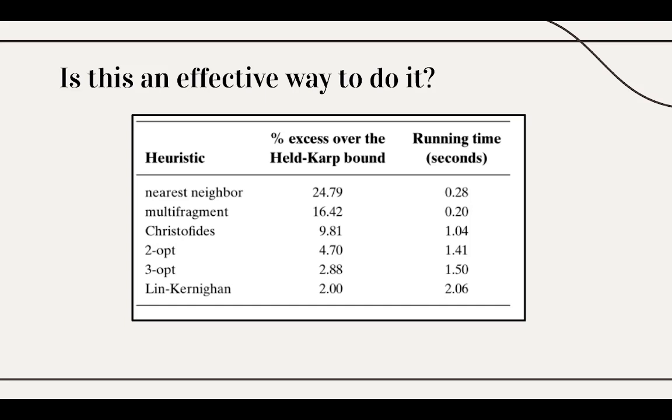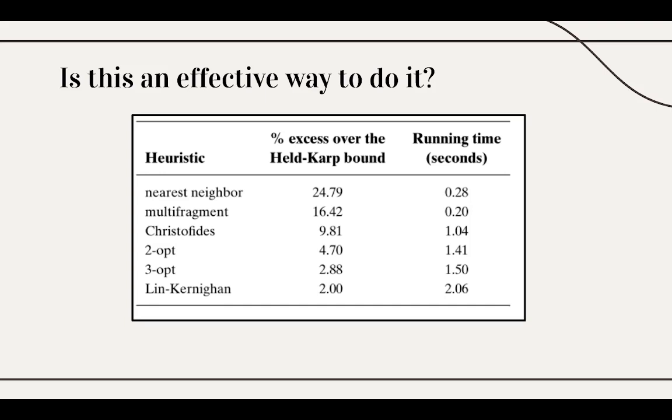So for example, we can see that an algorithm made with the nearest neighbor heuristic here is about 25% off from the Held-Karp algorithm, which is very close to the solution. So this one is kind of imprecise, but it's really fast. As we can see there, the running time on a computer is going to be 0.28 seconds.